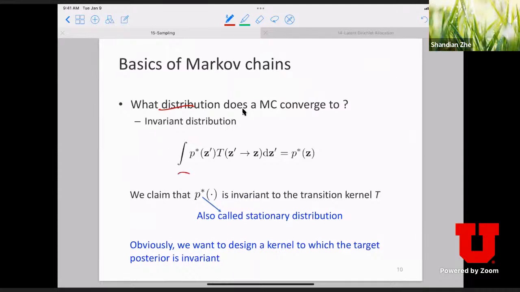If you look at the definition here, it's more clear.